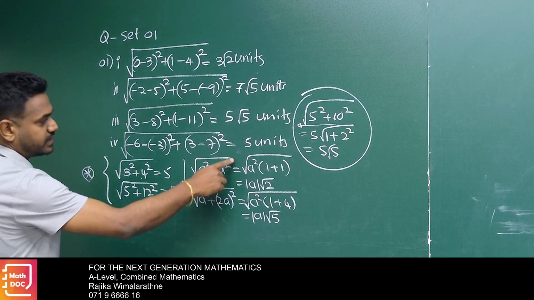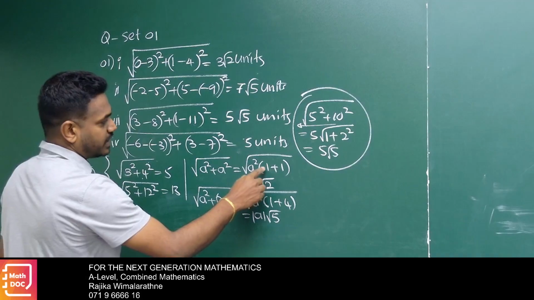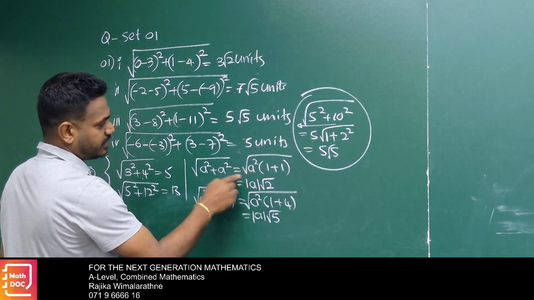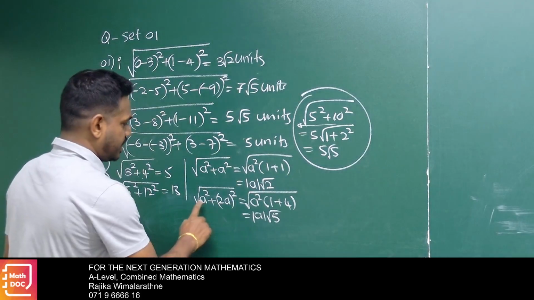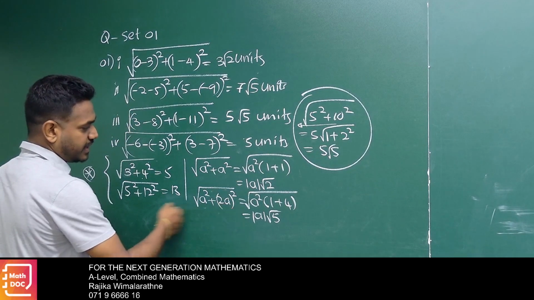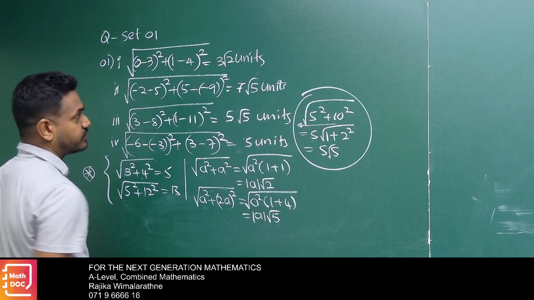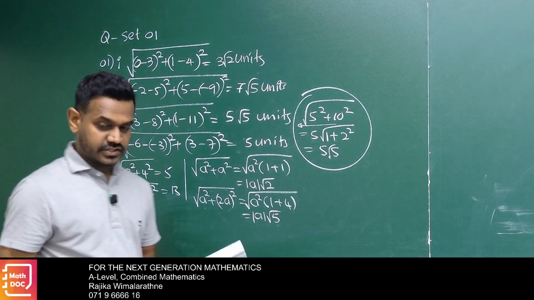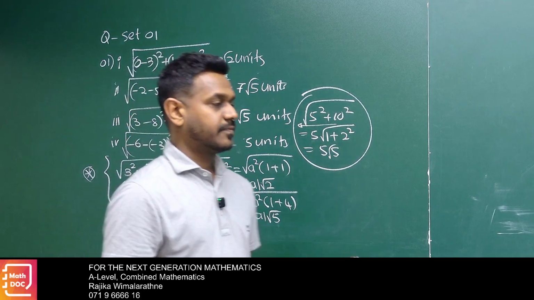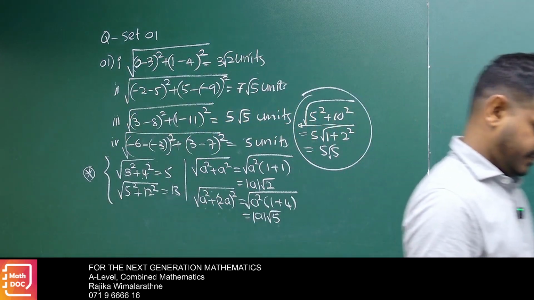Then a squared plus a squared, we say a squared times 1 plus 1, which is modulus a root 2. Then a squared plus 2a squared, you can take a squared outside, 1 plus 4, 5, root 5. Then you have applied the distance formula. Continue.